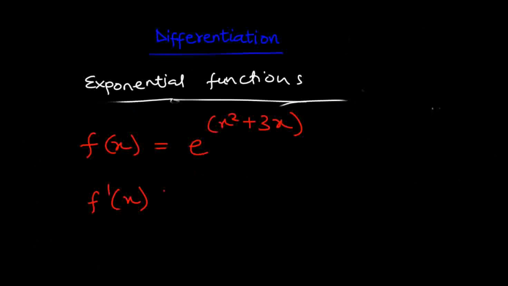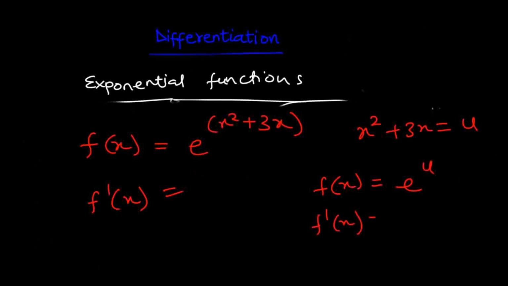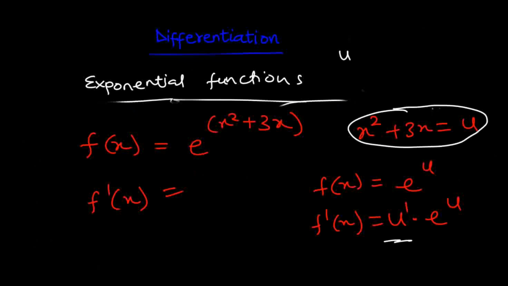To do this, I'm going to consider x to the power 2 plus 3x to be equal to u. Therefore you have f of x equal to e to the power u. So the derivative would be u prime multiplied by e to the power u. What you have to do here is find u prime. From here, u prime will be equal to 2x plus 3.